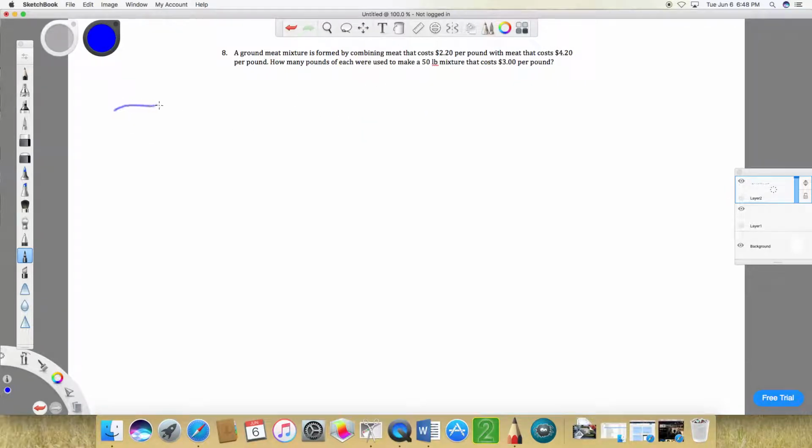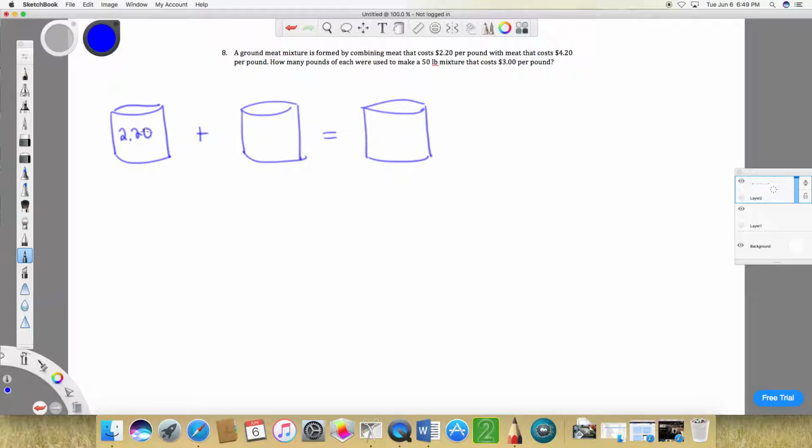If I make a sketch, this just helps me visualize what I'm combining and how I'm getting my final mixture. All right, so we've got some meat that is $2.20 per pound.